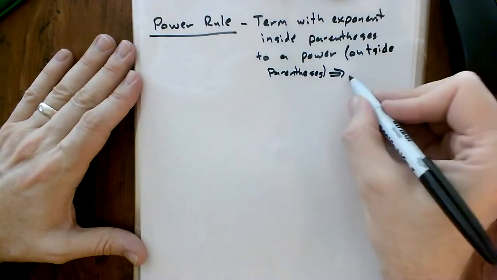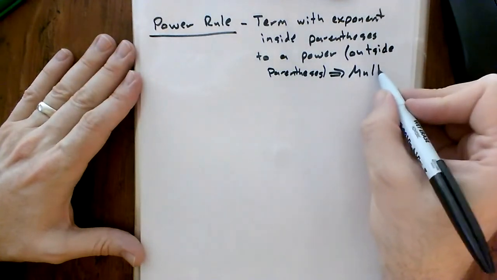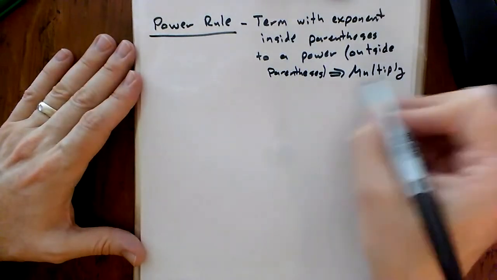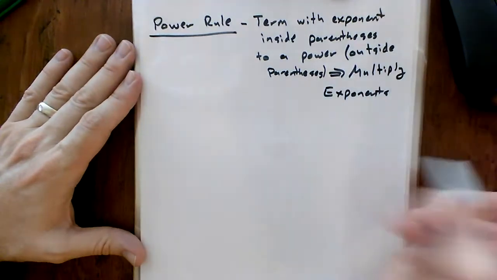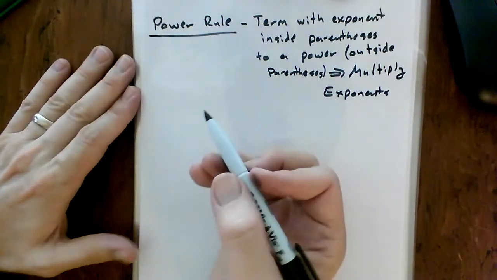What you're going to do is multiply the exponents.